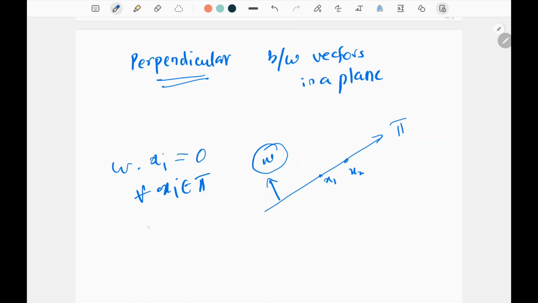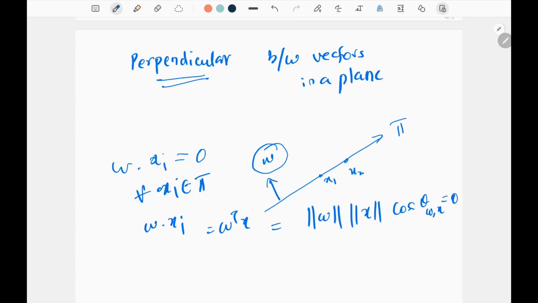Okay, so what is the W dot product of xi? W transpose xi, W transpose x. We have seen from the previous videos norm of W, norm of x, cos theta, this formula we have seen with the A and B representation, is equal to 0.